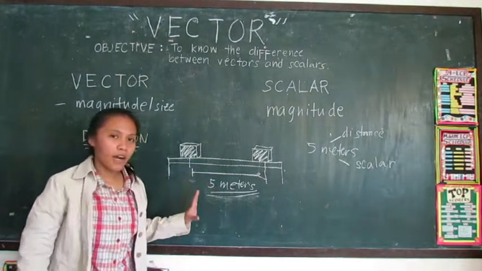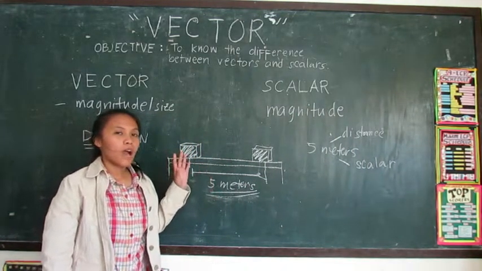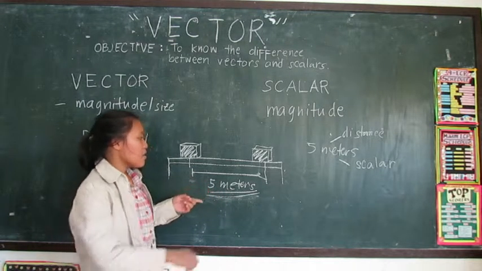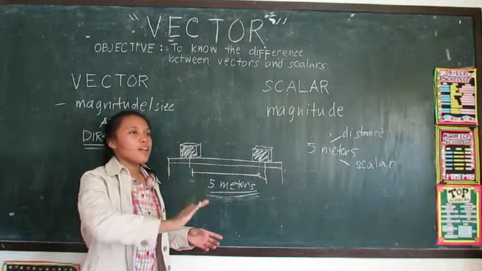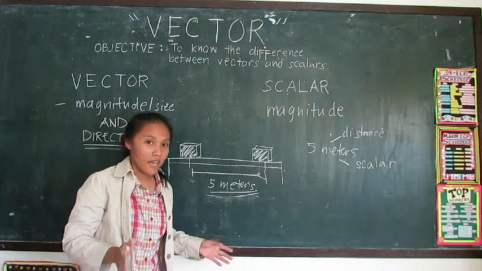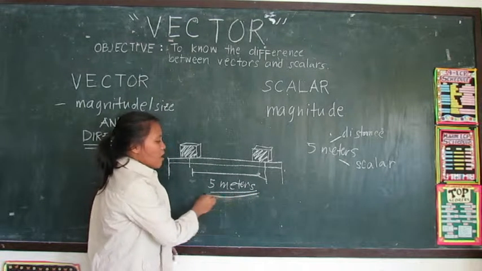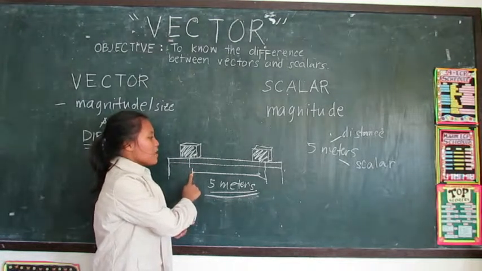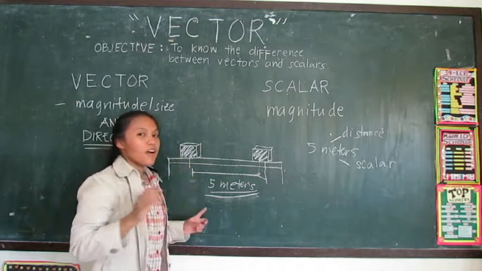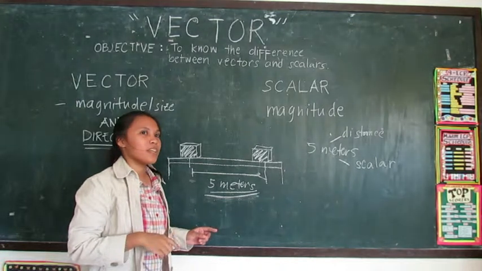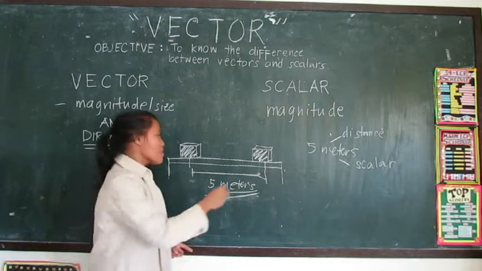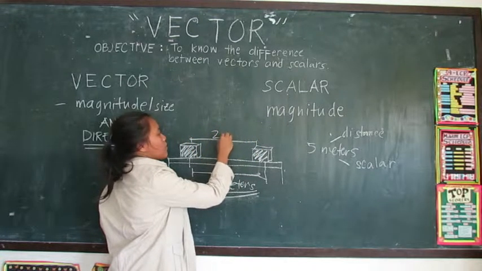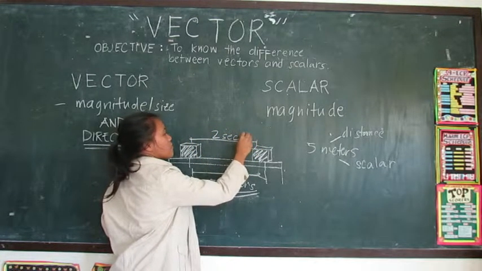But how about we find the velocity? Let's find first the time. Let's just say that the box traveled from here to there in a span of 2 seconds.